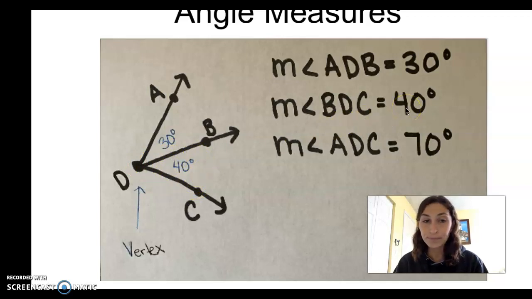I could also ask you, what is the measure of angle ADC, which is right here? That consists of both angle ADB and angle BDC. So I'm going to add these two angles together to give me this one big angle. The measure of angle ADC is 70 degrees, which is 30 plus 40 added together.